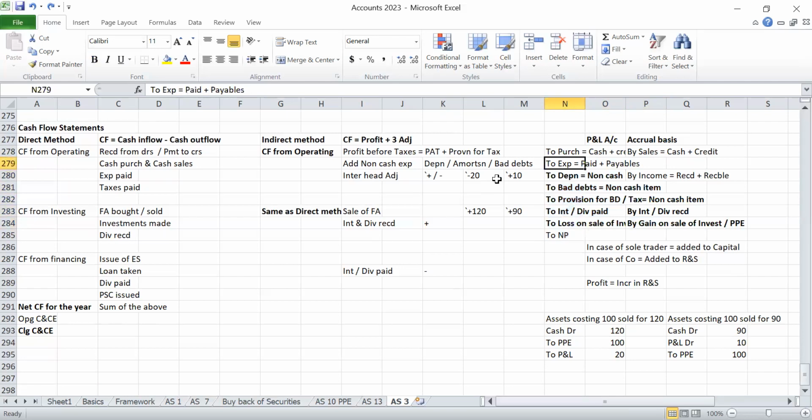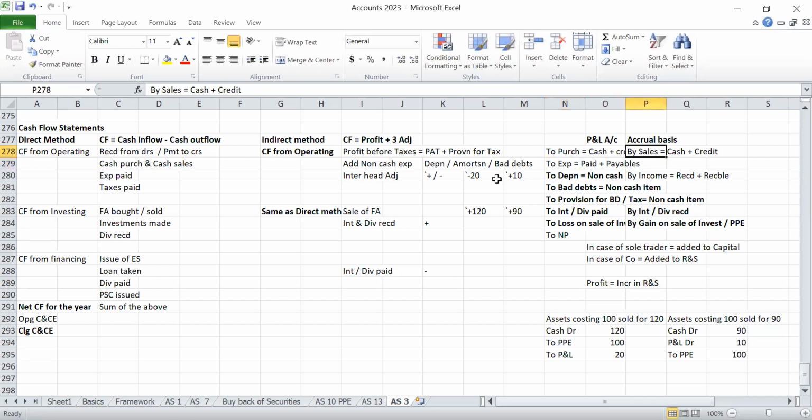In the cash flow statement, I should consider expenses paid, but in the profit and loss account, I have considered paid plus payable. Then in purchases, what is relevant? Cash purchases and amount paid to creditors are relevant for the cash flow statement. But in the profit and loss account, I have not taken only cash purchases plus amount paid to creditors; I have taken the entire credit purchase here.